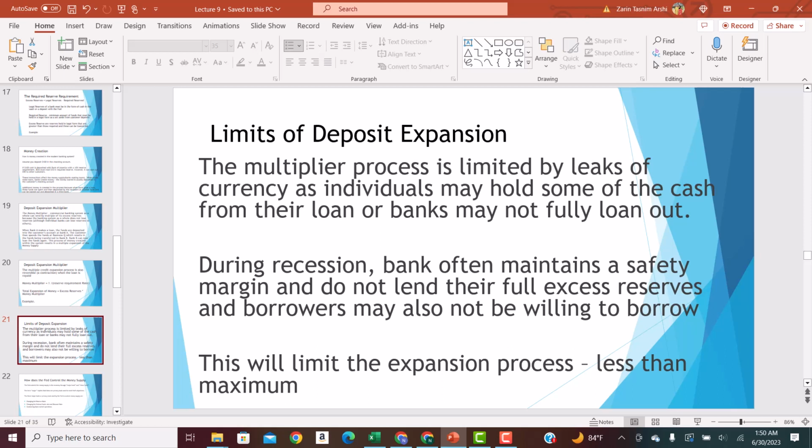In addition to the required reserve, they will keep more reserve in their bank account as a safety margin, because the economy is not well. And this will ultimately have a negative impact or limit the expansion of the money supply.